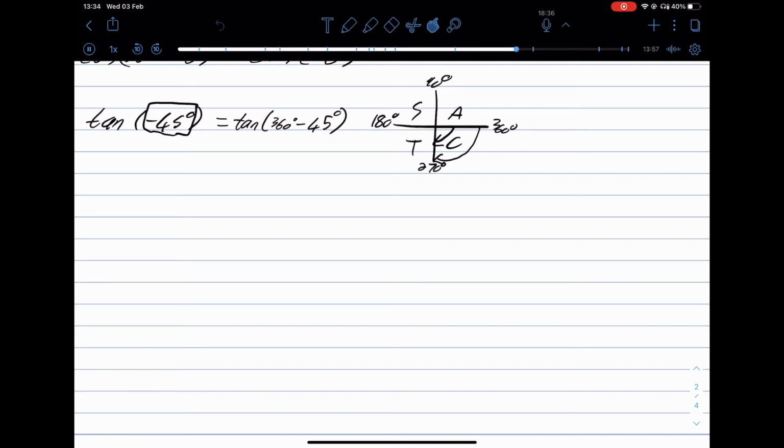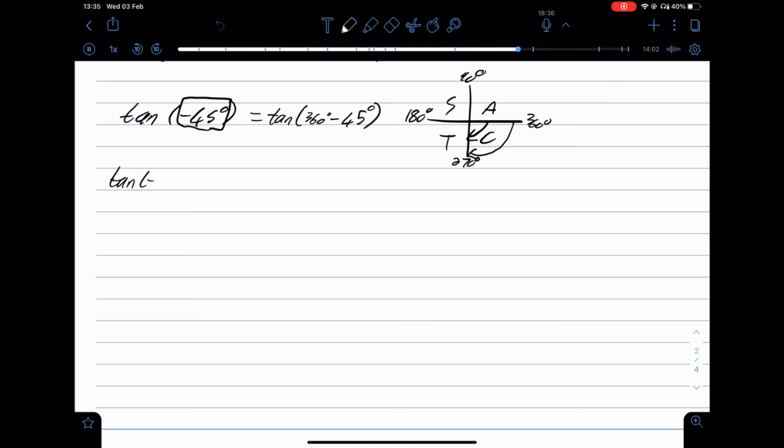Okay, so we have tan of negative 45 degrees. We already have our theta, and we know which quadrant it's in, namely that quadrant there. What do we do now? Well, we just decide that tan is going to be negative in that quadrant, so we simply say negative tan 45 degrees.